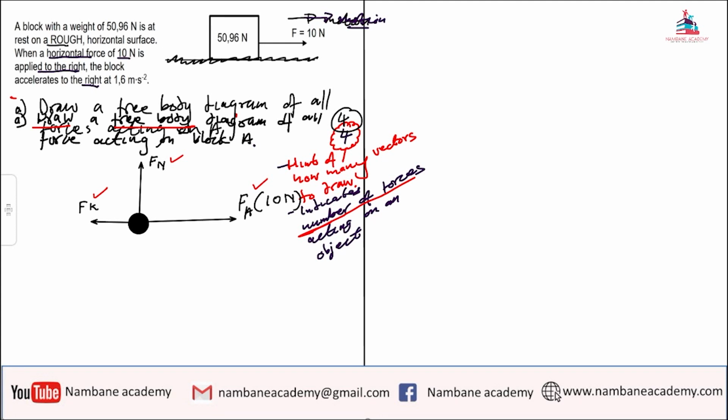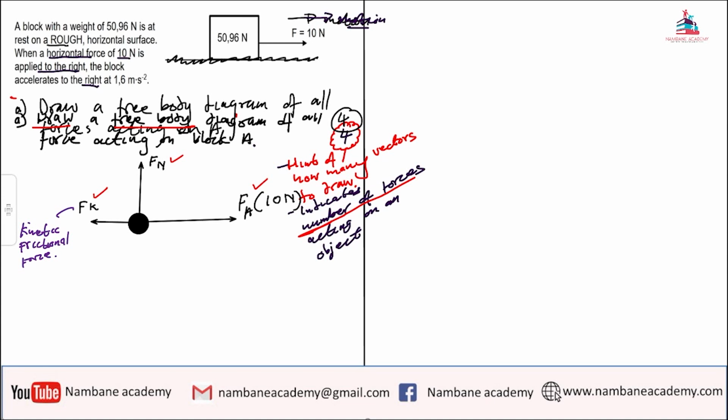So this here is kinetic frictional force. You cannot have kinetic frictional force and static frictional force at the same time. It's either the object is moving, then you have kinetic frictional force, or the object is at rest or stationary, then you have static frictional force.